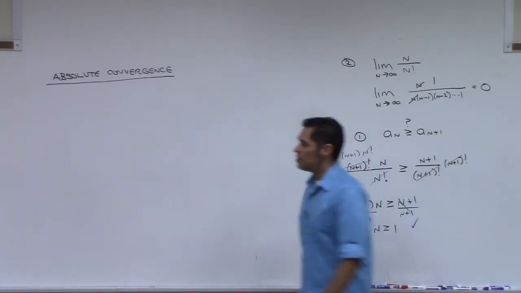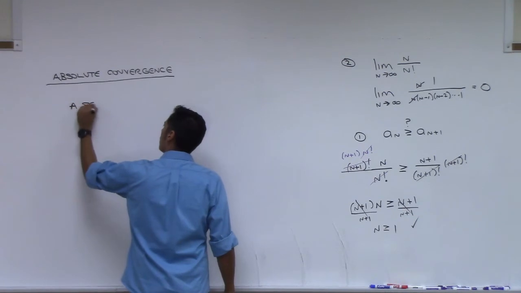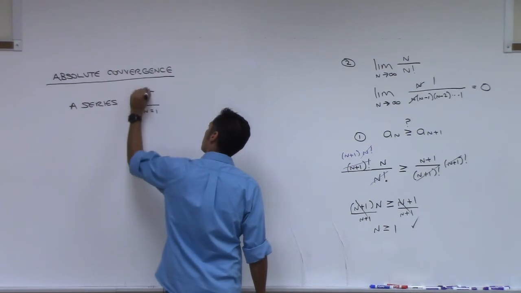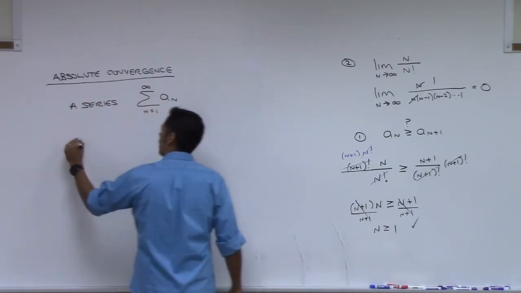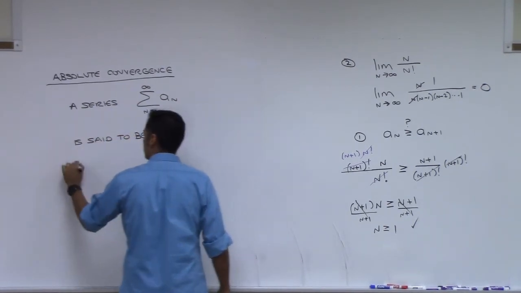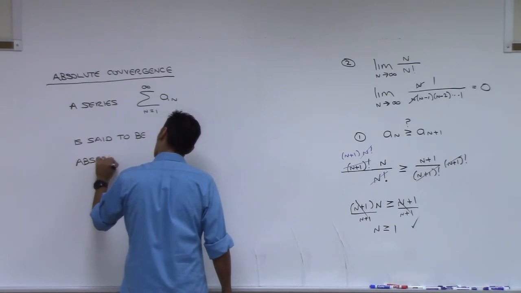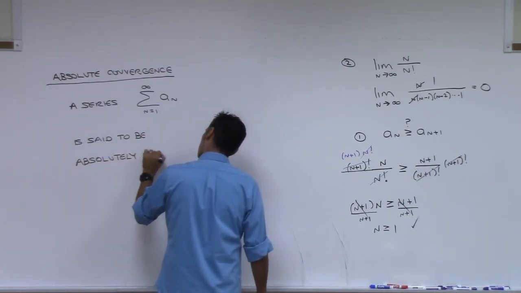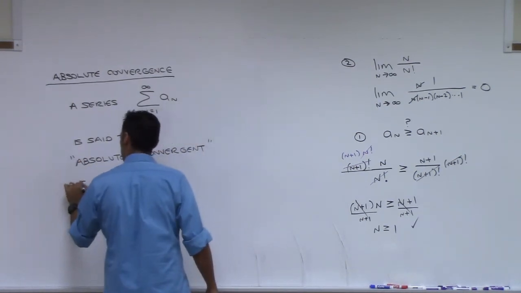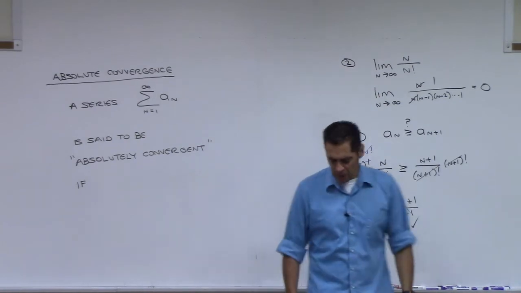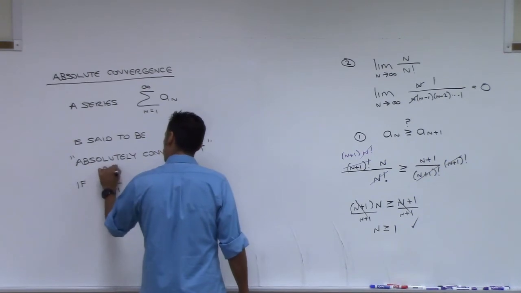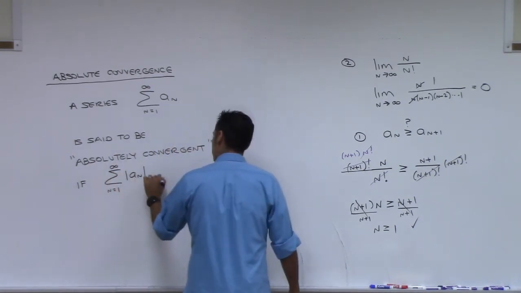All right, a series is said to be absolutely convergent if the sum of the absolute value of the sequence inside converges.